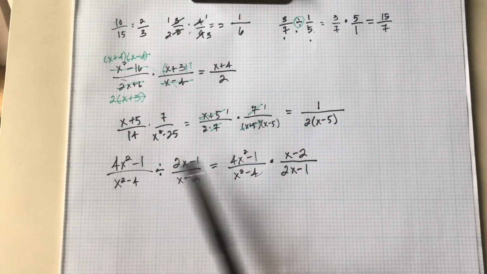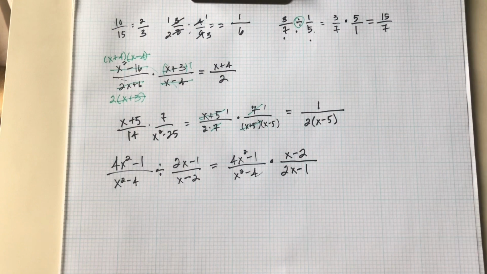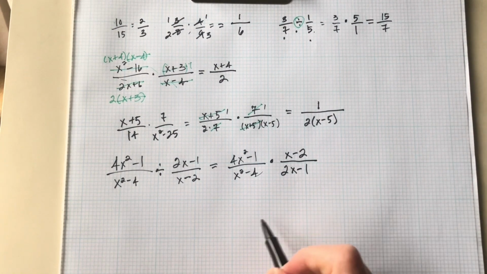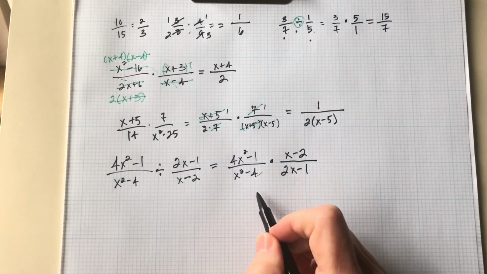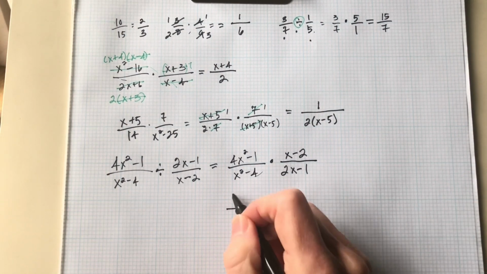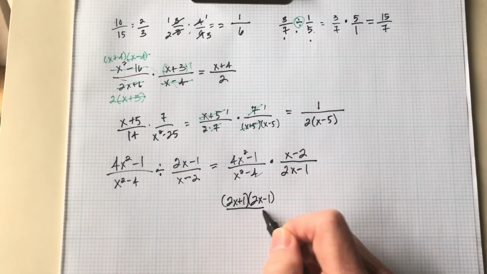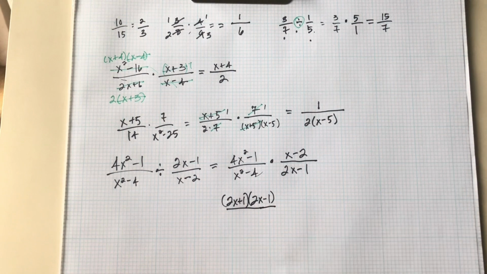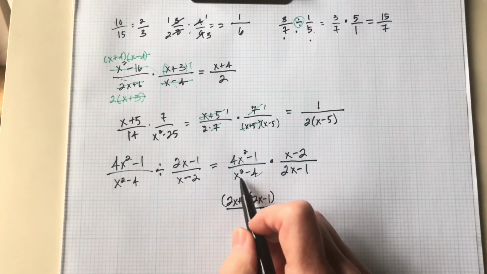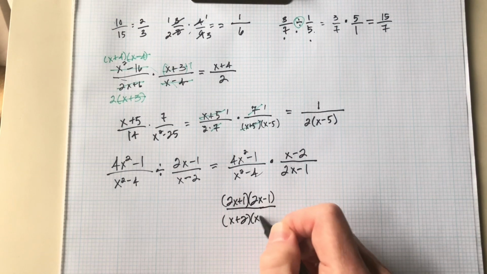So keep it, change it, flip it. All right, now I'm going to do some factoring. All right, another difference of squares here. 2x plus 1 times 2x minus 1. And then another difference of squares there. x plus 2 times x minus 2.